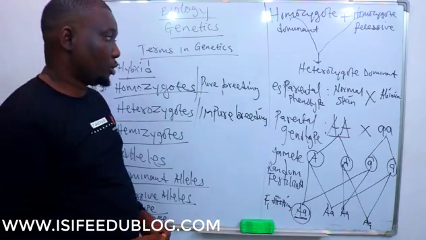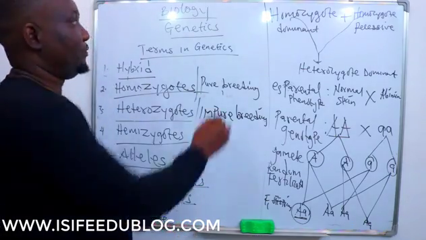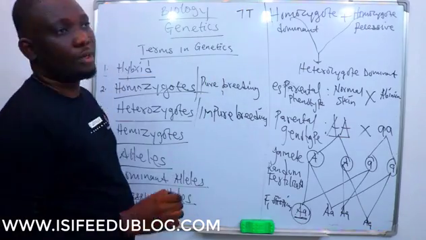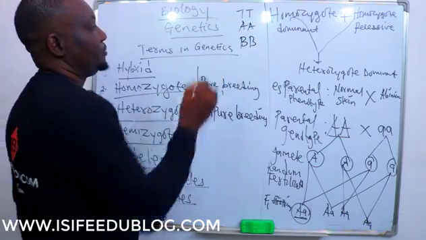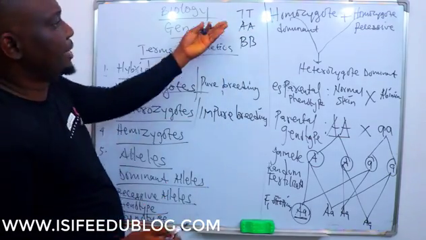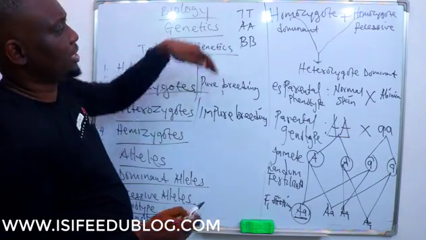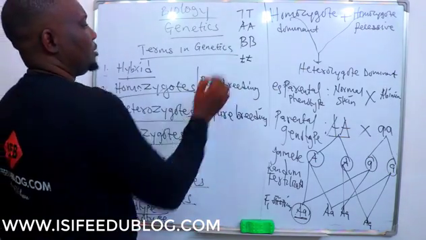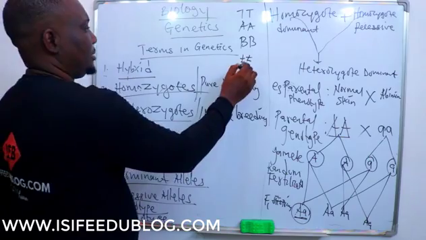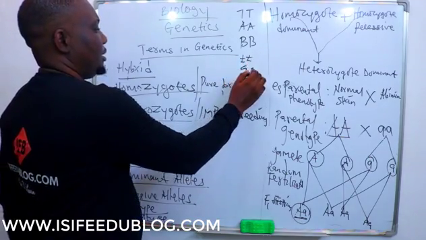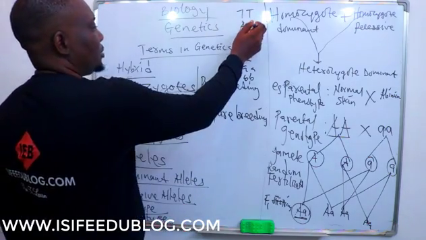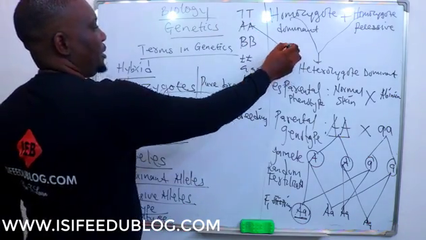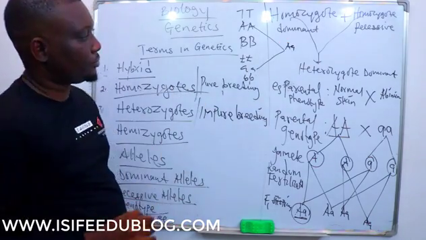breeding. Just like the example I gave, TT, AA, and then BB. And then the other contrasting pair could be the lowercase, tt, aa, and then bb. These two can go and give me an impure of this.